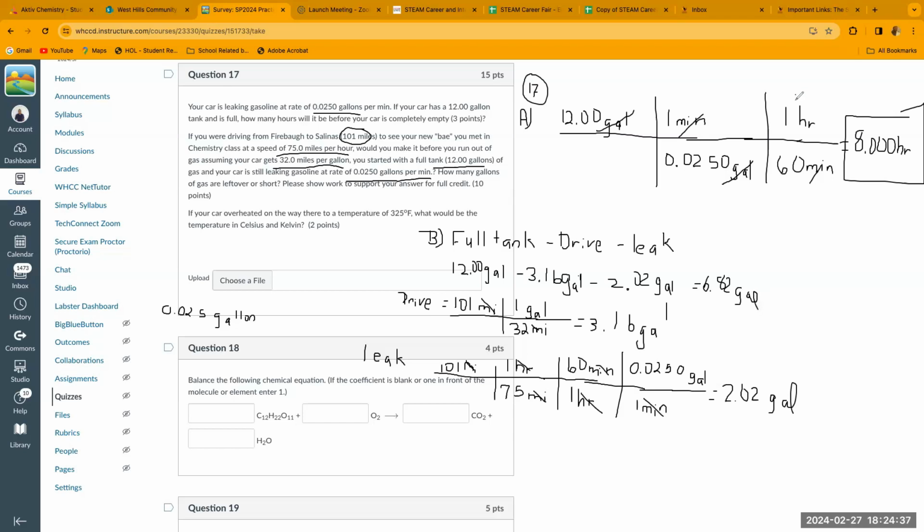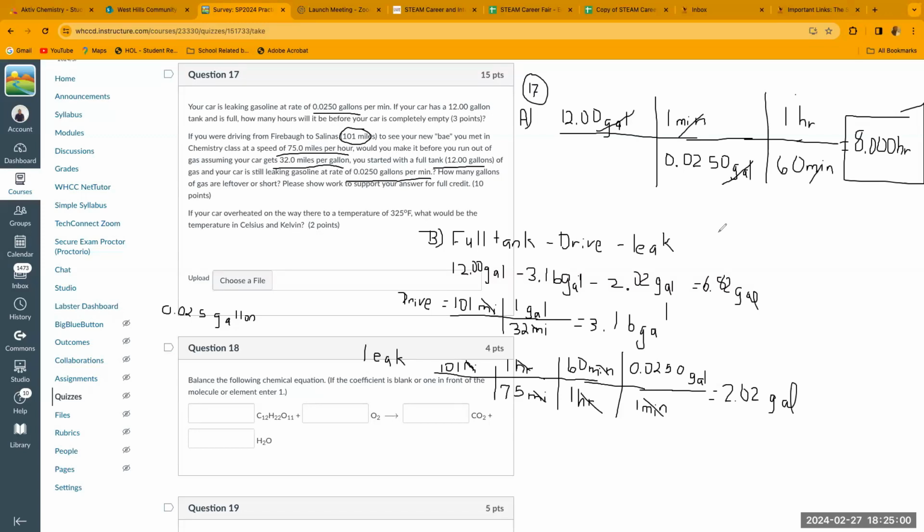Okay. So we end up with 6.82 gallons. So did we make it? Yeah. Okay. If we didn't make it, we'd end up with less gallons, or 0. So then we'd be in trouble.